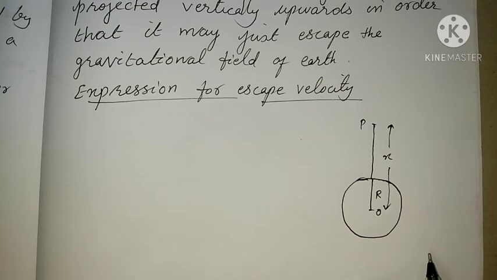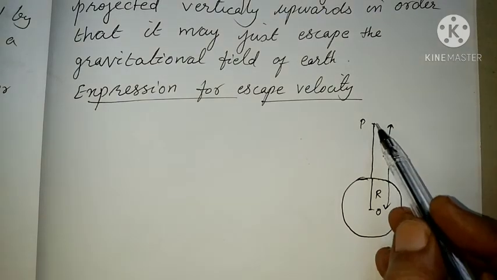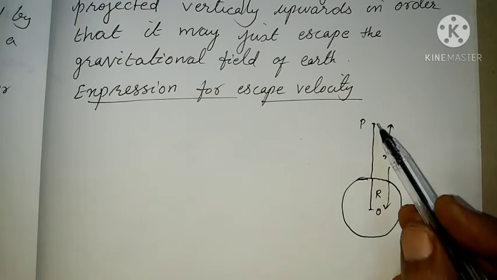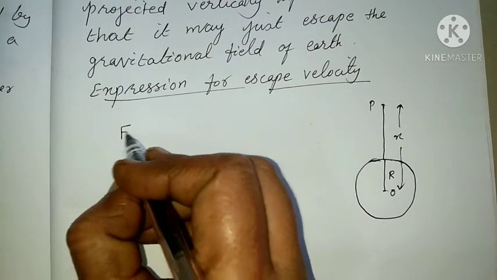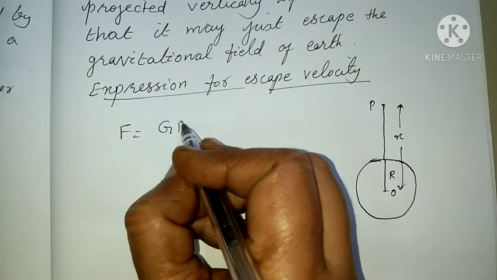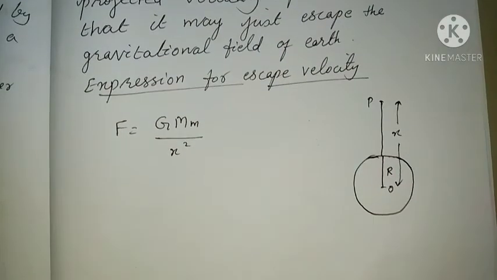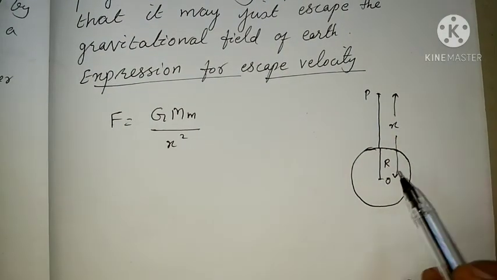The gravitational force of attraction between the body at P and the earth is written as F equal to G capital M small m divided by x square, because the distance between the body and the earth is x.